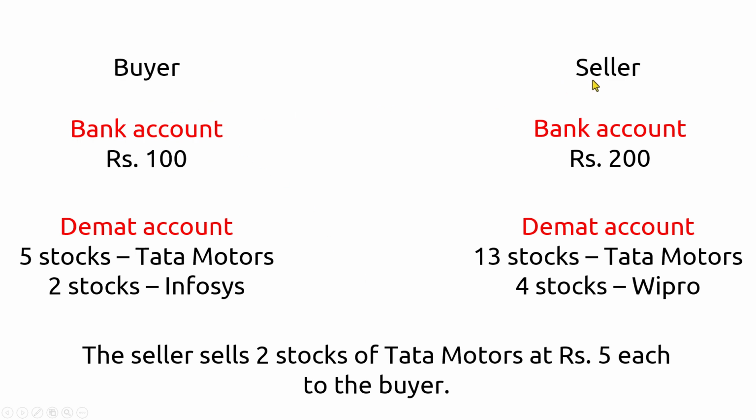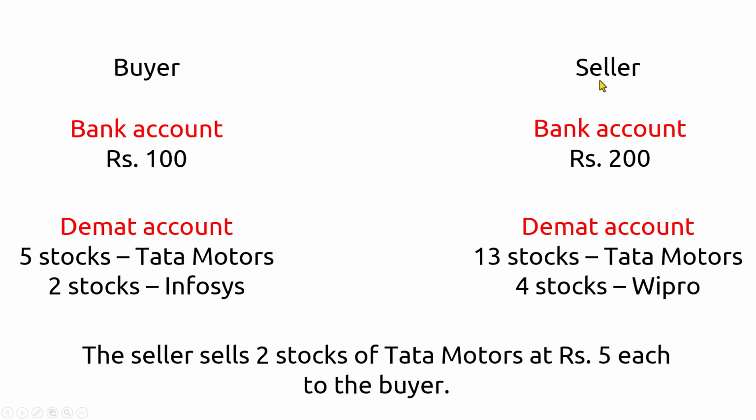The seller has 13 stocks of Tata Motors and the buyer has 5 stocks of Tata Motors. This person wants to buy 2 stocks of Tata Motors and this person wants to sell 2 stocks of Tata Motors.